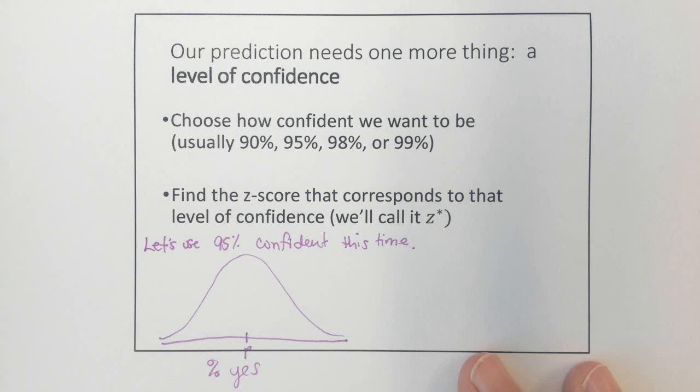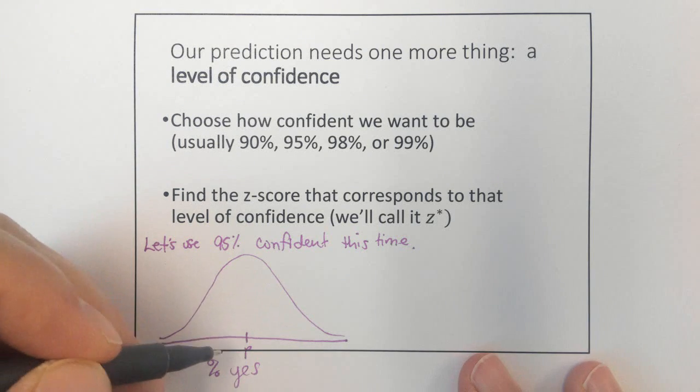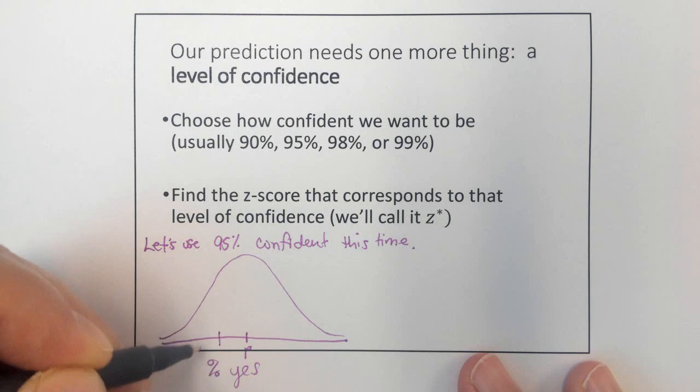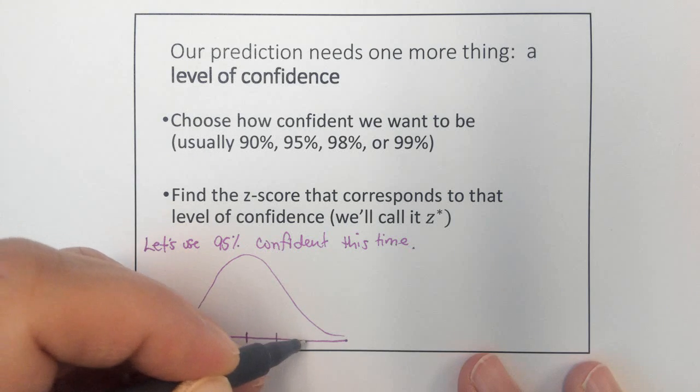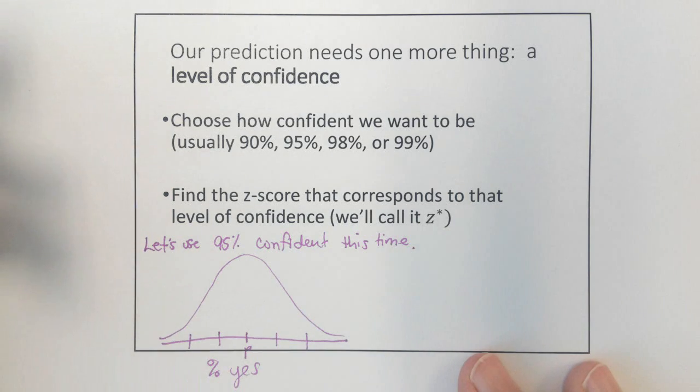Because it's just based on a sample, and sampling has variability in it, and so one sample might underestimate, one sample might overestimate. I don't know what mine's doing. But I do know that if I want to be 95% confident that I'm predicting pretty close to what's in the population, I got to go out 2 standard deviations from the mean, approximately.